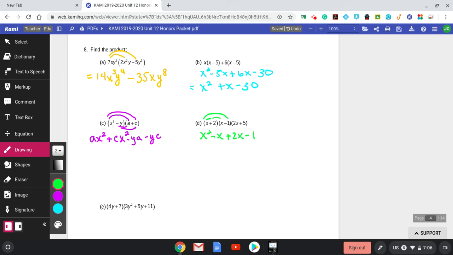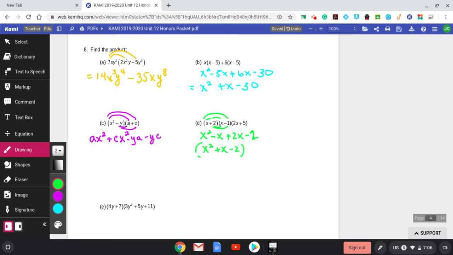That's those first 2 I did right there. Combining the like terms, you get x squared plus x minus 2.